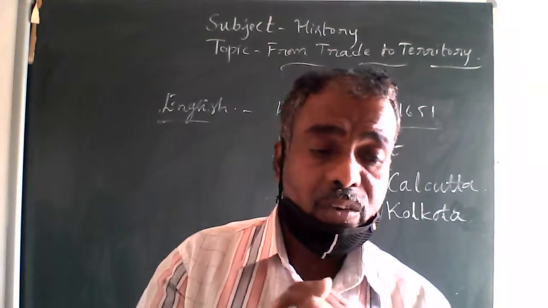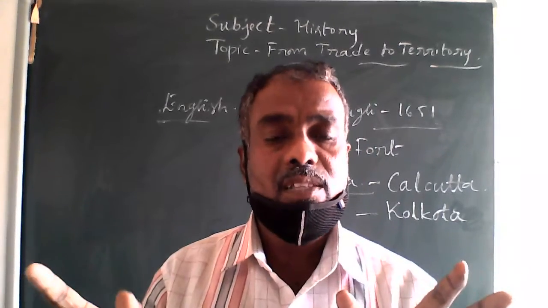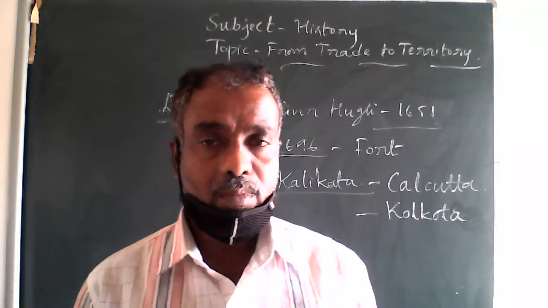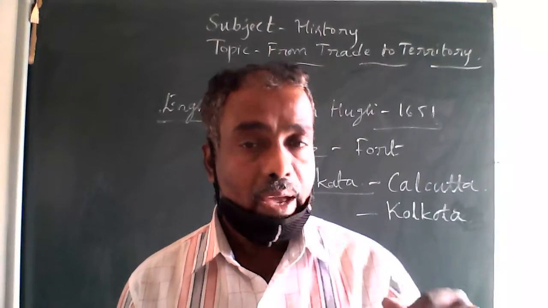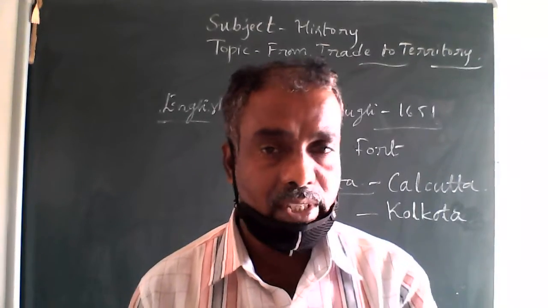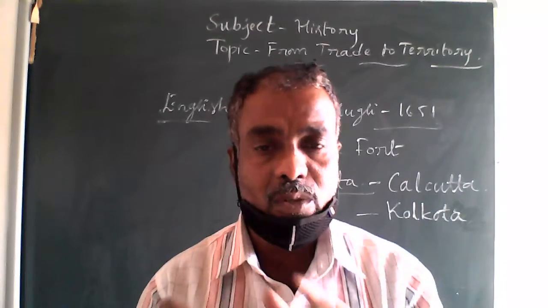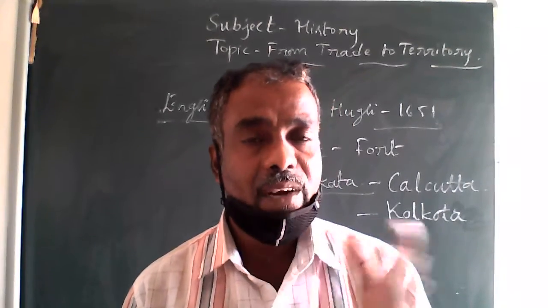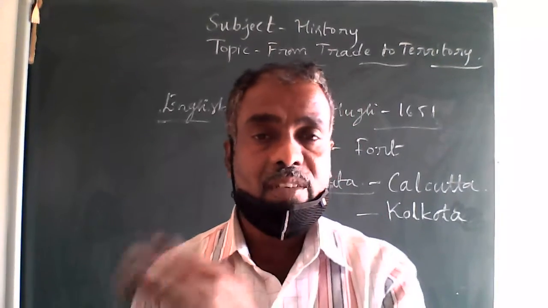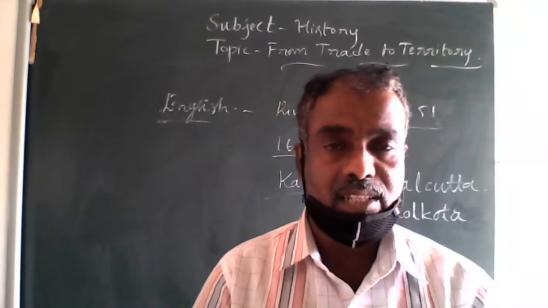The company was refusing to pay taxes and writing disrespectful letters, and trying to humiliate the Nawab and his officials. The East India Company refused to pay the different taxes, wrote disrespectful letters, and tried to humiliate the Nawab and his officials.